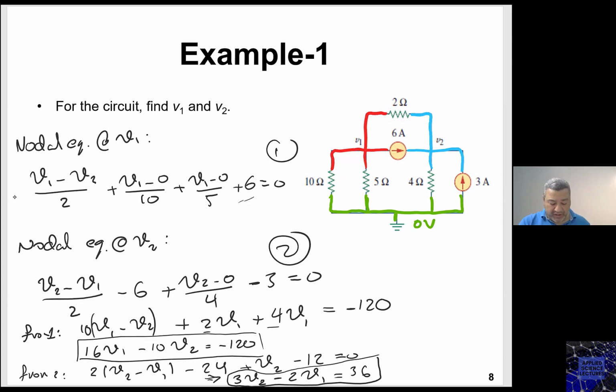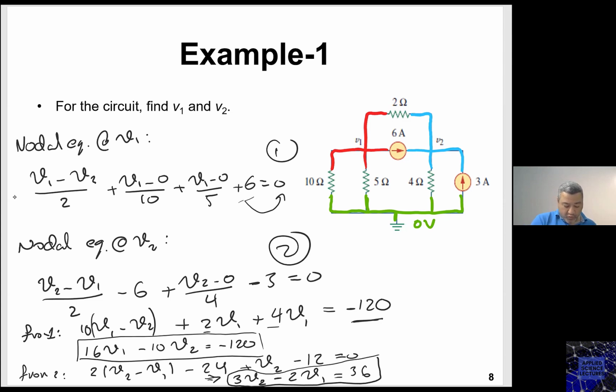When this current went to the other side of the equation, it became minus 6. Now, remember here, I multiplied the equation with 20.